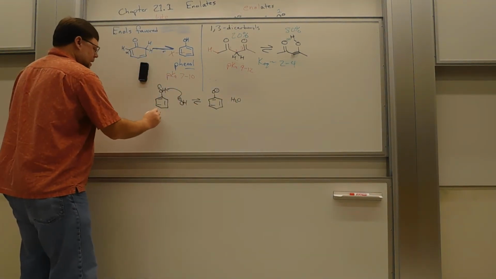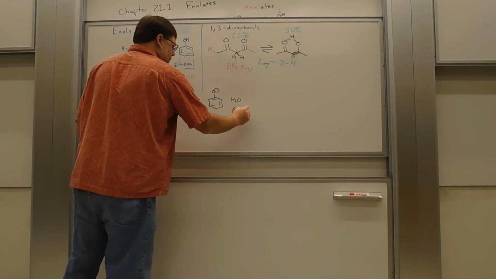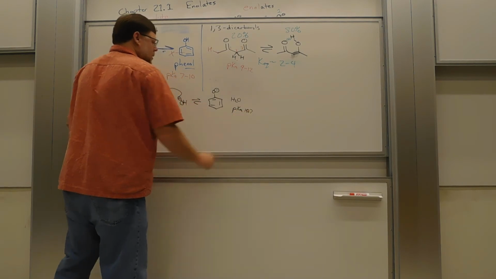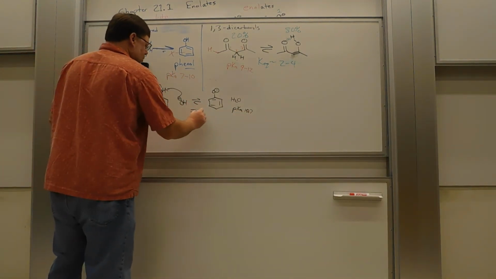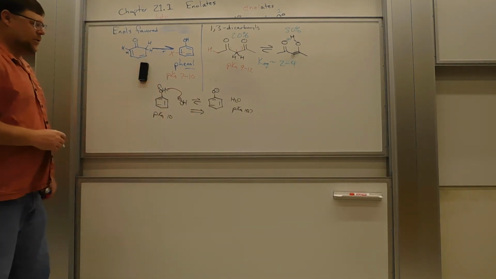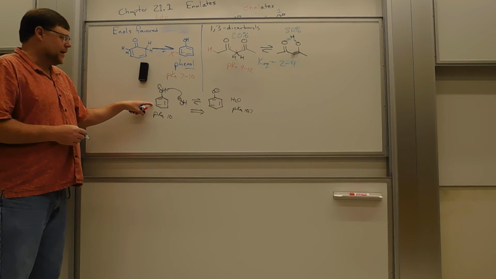Okay, pKa of phenol is right at 10, pKa of water's 15.7. The weaker acid is water, so the right side of the equation is favored by about 6 orders of magnitude, or a millionfold. All right, so hydroxide can deprotonate phenols nicely.